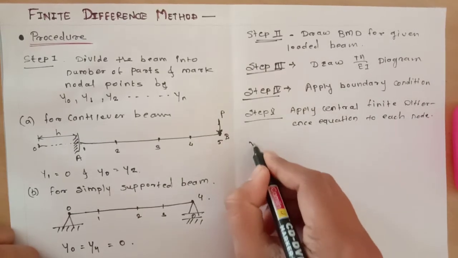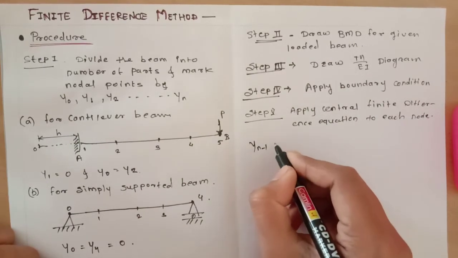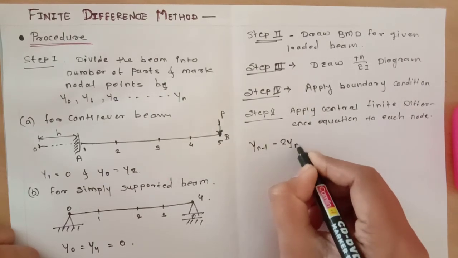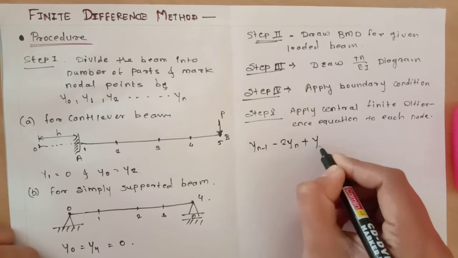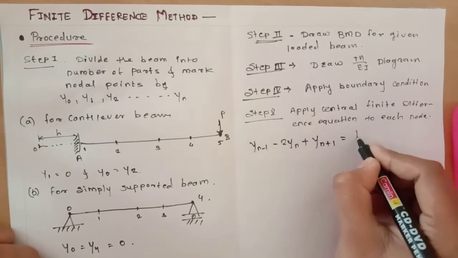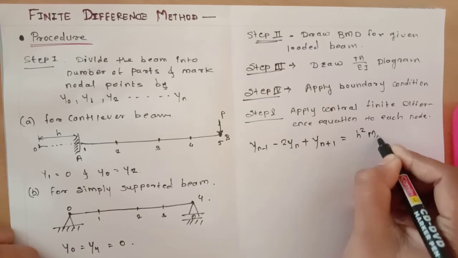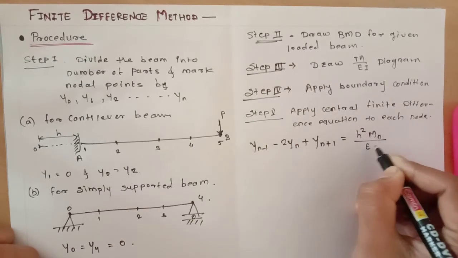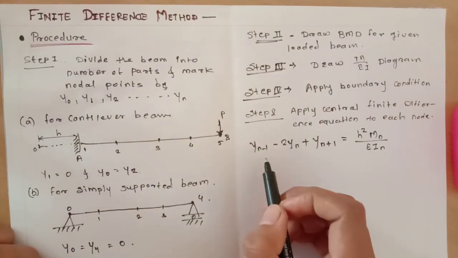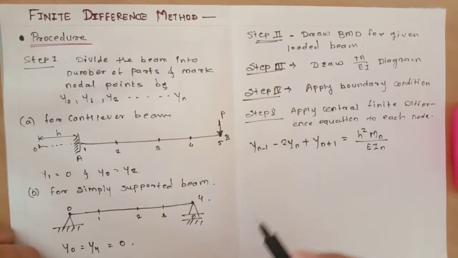So the equation is y(n-1) minus 2y(n) plus y(n+1) is equal to h square into M(n) divided by EI. Okay, so by solving this equation, we get the deflection at each node.